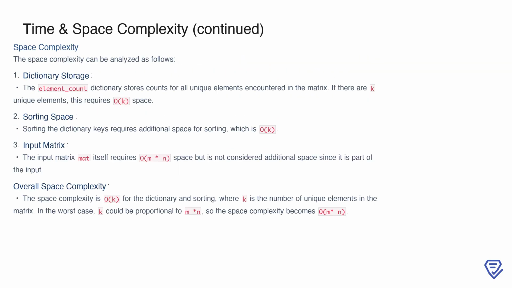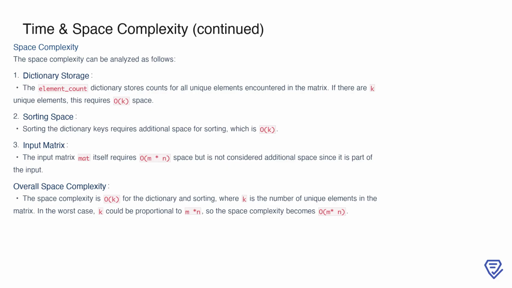Now, let's examine the space complexity of the solution. The key contributor to additional space usage is the dictionary, which stores counts for all unique elements in the matrix. If there are k unique elements, the dictionary requires k space. Sorting the dictionary keys also requires temporary space, which is another k.